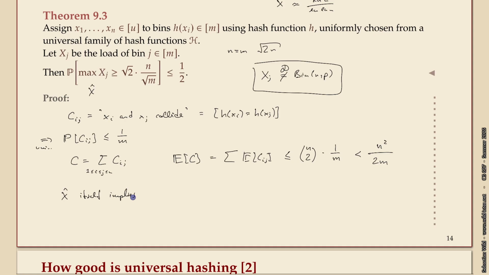So if I take x hat and take all two-element subsets, these will all be collisions. Okay, so I get that the number of collisions C must be at least this x hat choose 2, which of course we can rewrite as x hat times x hat minus 1 over 2.